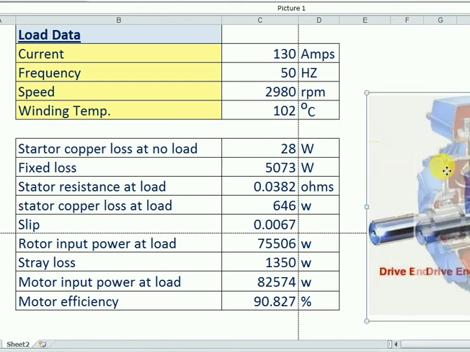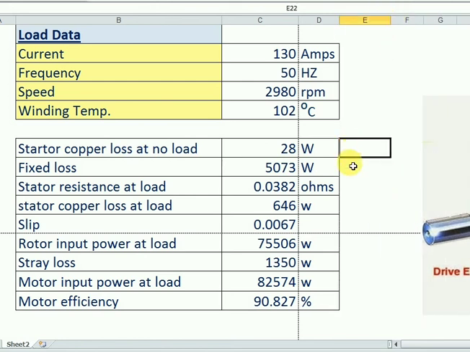Fixed loss in kilowatt divided by the total input, for example, gives 6%, the fixed loss itself.